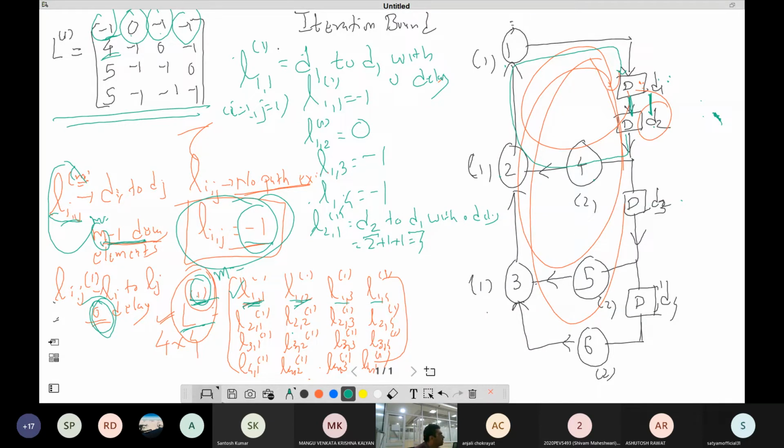So L22 should be -1 because there is no path where I can reach from D2 to D2. L23, that is D2 to D3, is a path which is clearly visible. This path D2 to D3 exists, but there is no delay element. That's why it is 0. See, this -1 doesn't suggest that this is a -1 delay. And obviously we have seen at the time of retiming, there is no weight which has a negative value.